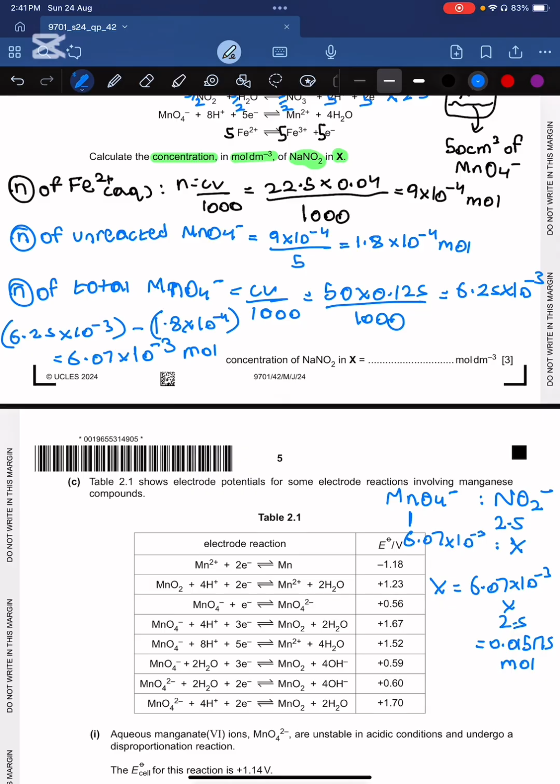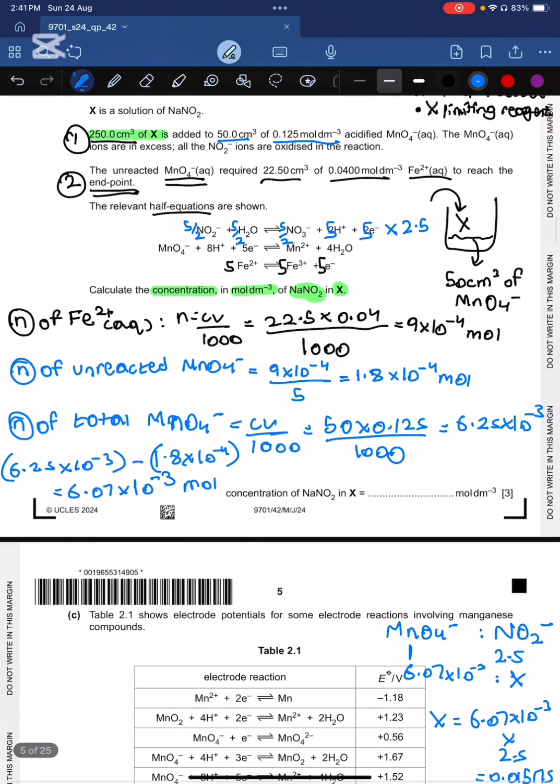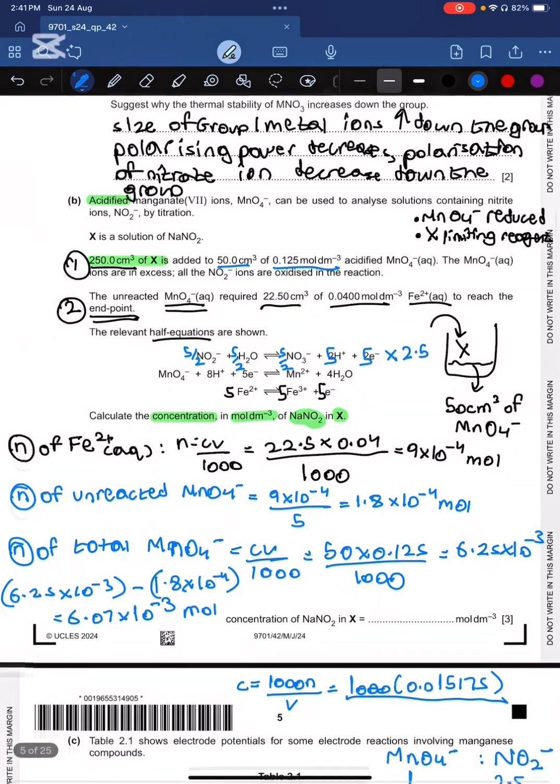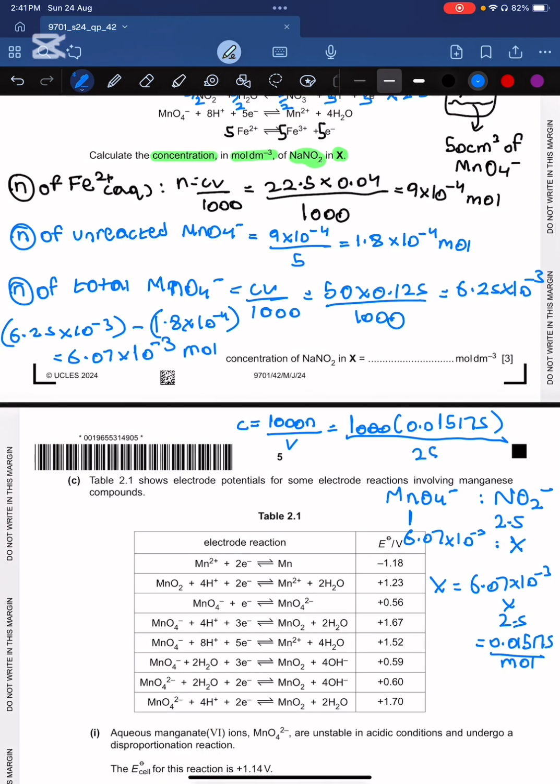Can I find the concentration of nitrite ions in X? Yes, I can. C is equal to 1000 n divided by V: 1000 multiplied by the moles of nitrite ions in X, 0.015175, divided by the volume of X initially, which was 250. There we go. What is my answer? 0.0607.